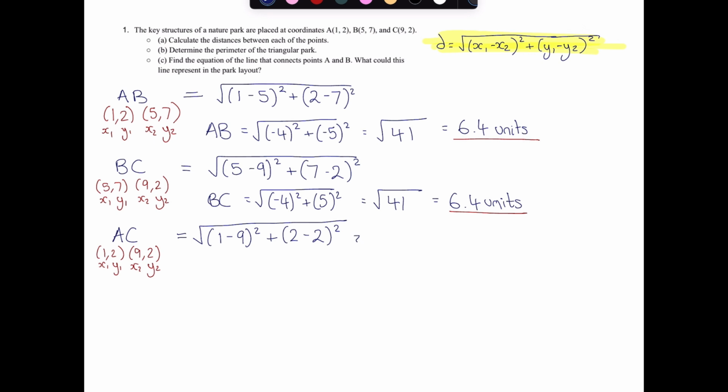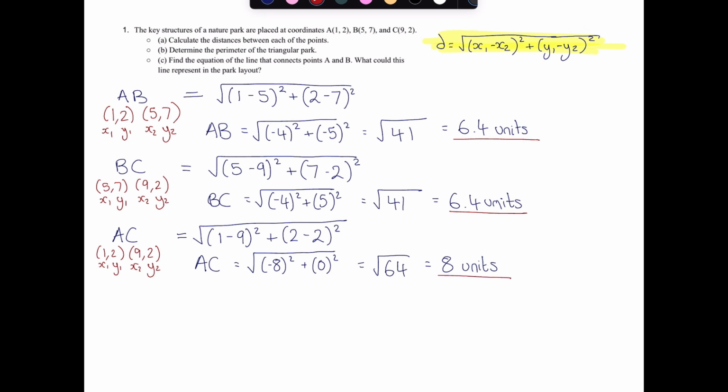Okay, so let me calculate this one. I'm going to have AC is equal to the square root of -8 all squared plus 0 squared. Okay, it's going to be the square root of 64, which is 8 units.